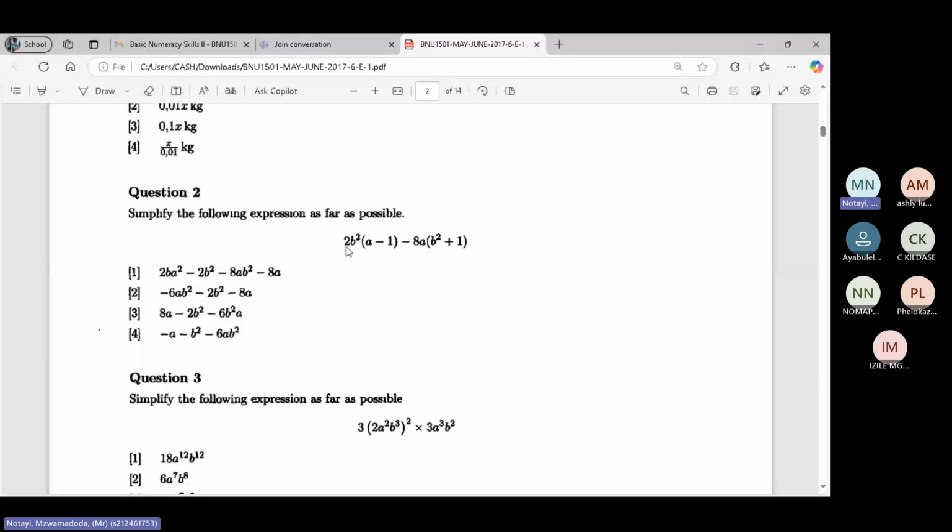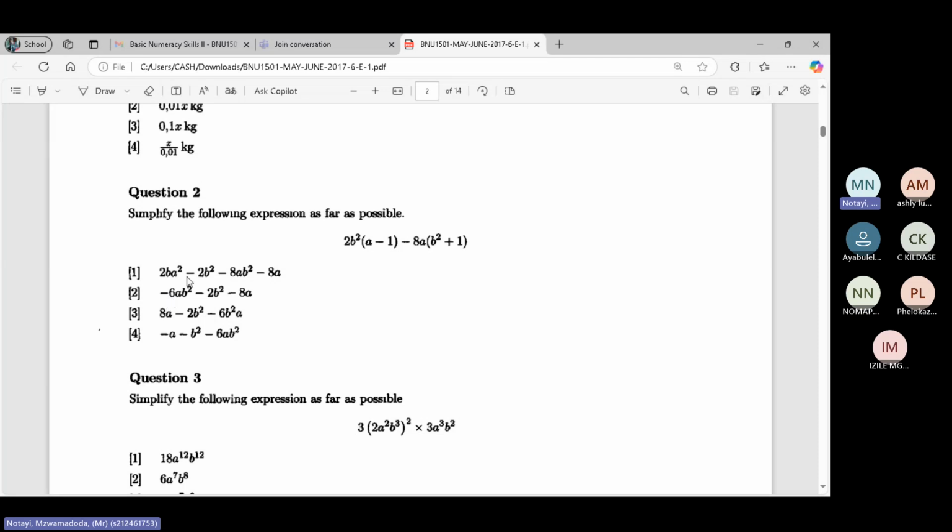It's 8 and 2: 2 is positive and 8 is negative, so it's 8 minus 2, which is 6, but the answer is negative because the 8 is negative. So it's going to be negative 6ab squared. So let's look at the options. We have a negative 6ab squared, so that is the second option.